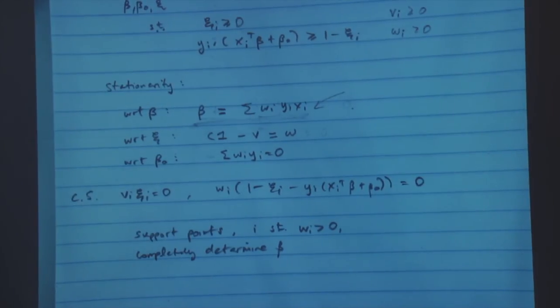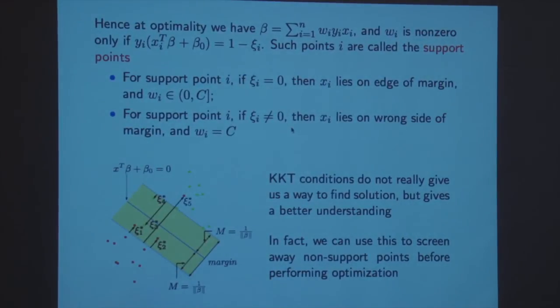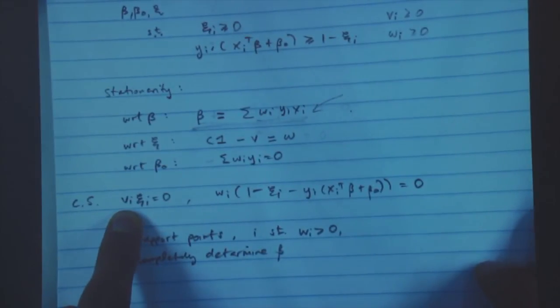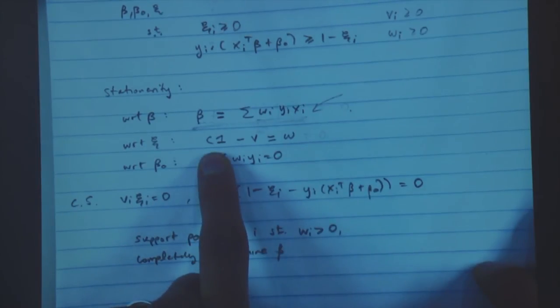If psi_i is not equal to 0 for a support point, then what does that tell us? Well, v_i has to be equal to 0 to satisfy complementary slackness. And now if we go back up to this condition, it tells us that w_i is going to be equal to c.